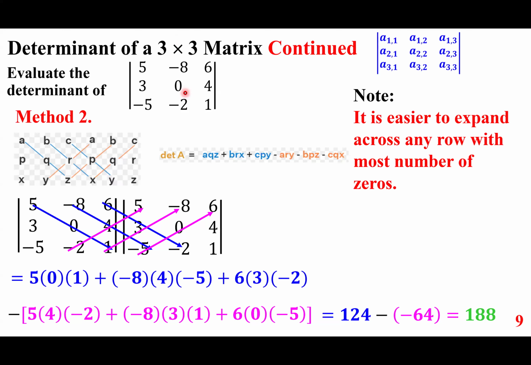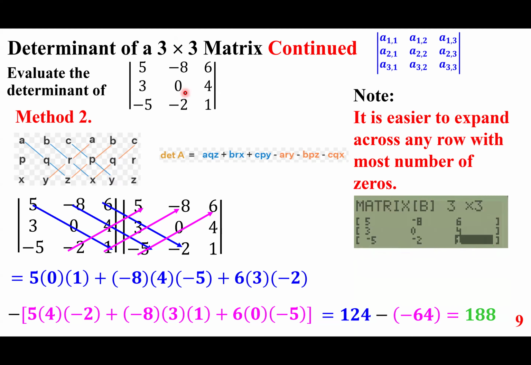However, if you go with the technology, you put the matrix in, and then you look for determinant of that, and it gives you the same answer. Okay, everybody. Pretty straightforward, everyone.